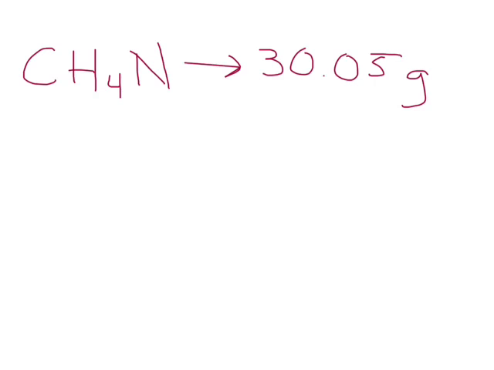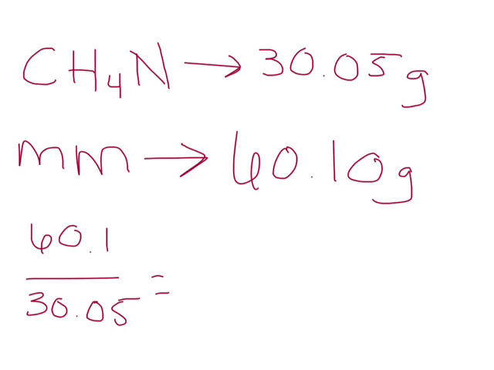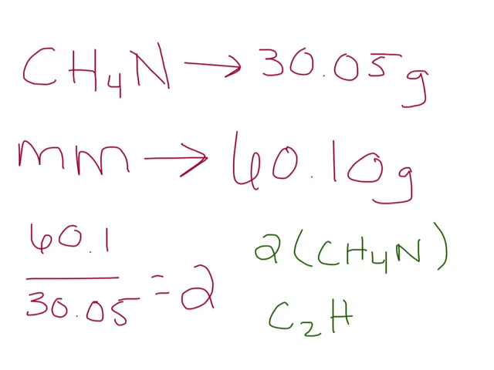We need to remember from the beginning of the problem that we were told the molar mass is 60.10 grams. So now you divide 60.1 by 30.05, and that equals 2. So you multiply CH4N by 2, and you end up with C2H8N2. That is the molecular formula, and that is how you solve a combustion problem.